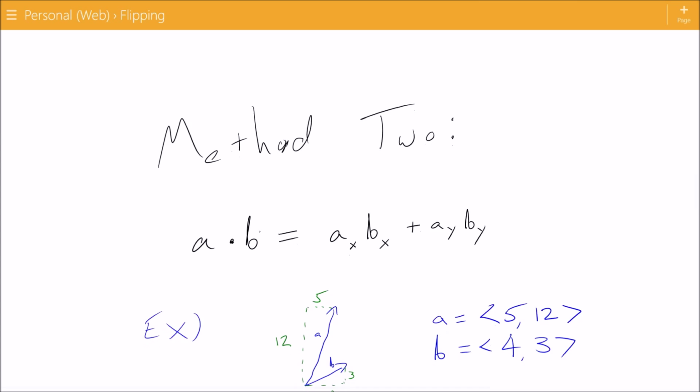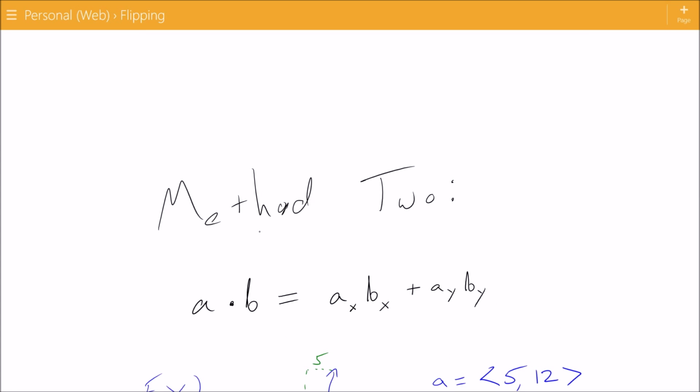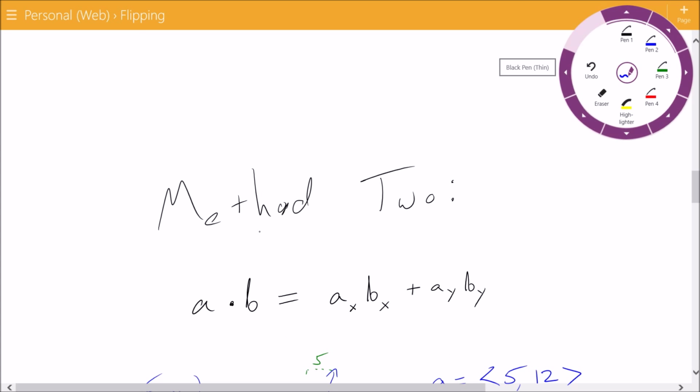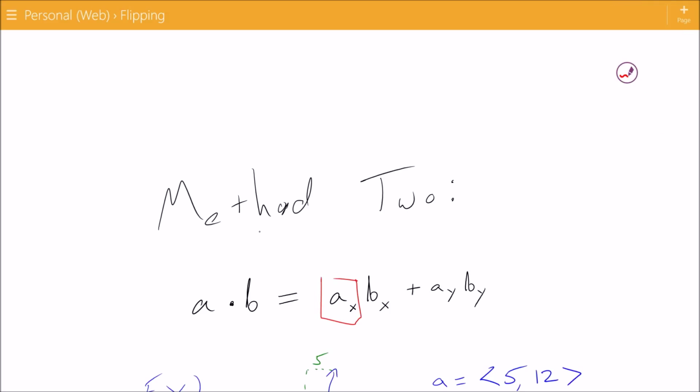Method 2. If I know the component vectors of A and B, I can multiply the horizontal of A times the horizontal of B plus the vertical component of A times the vertical component of B. If I multiply them by each other, I will get the exact same dot product.